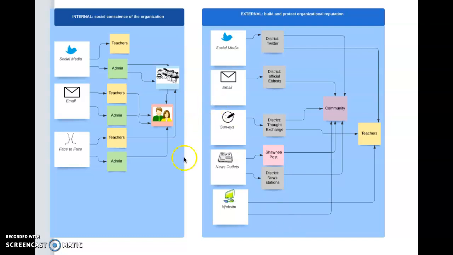So our internal communication system is our teachers, our administrators, our students, our parents. So what makes up that school community? Social media is used by teachers and administrators. Our teachers use it for professional purposes. A lot of them use it to communicate with their class and share successes and share assignments or readings or things that they would like their kids to be looking at on Twitter.